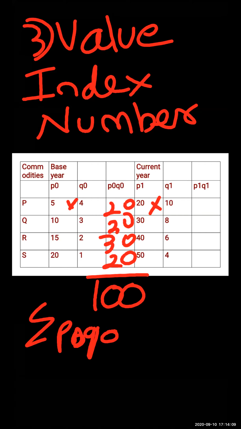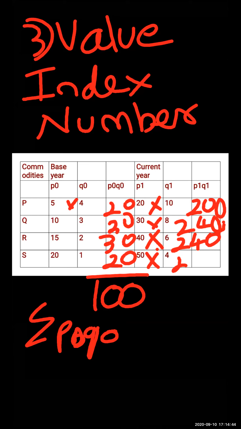Okay, so 20 tens are, yes, good, 200. 3 eights are, good, 240. 4 sixes are, good, 240. 5 fours are, good, 200. Good, you all are doing fast.